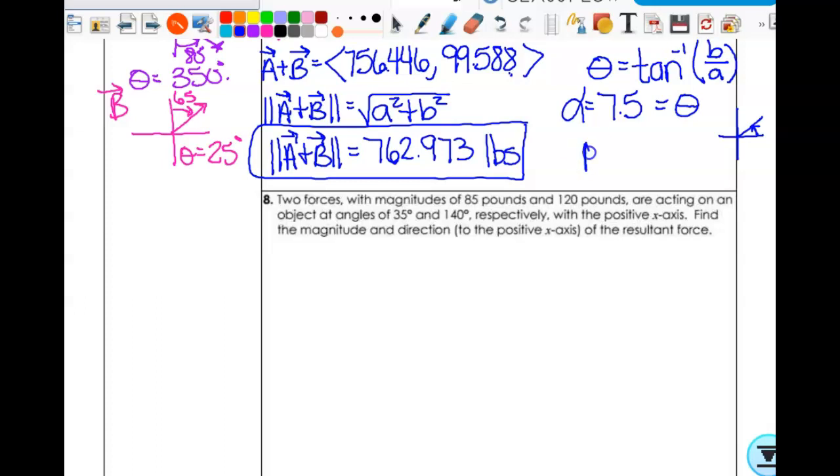North. So I'm going to go north, and then I'm going to swing out this way. How much? 82.5. 82.5 degrees what? East.